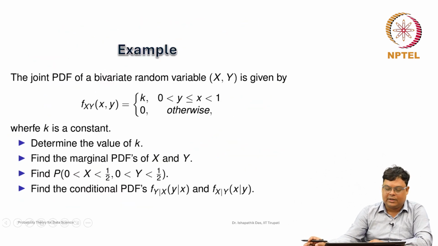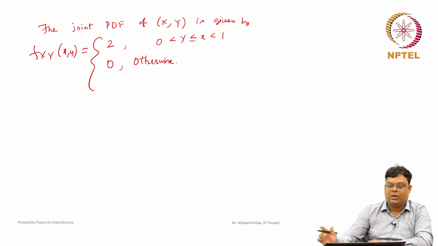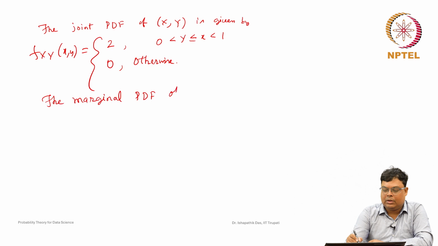We found that k is equal to 2. Find the marginal probability density function of x and y. So we have to find the marginal probability density function of x.